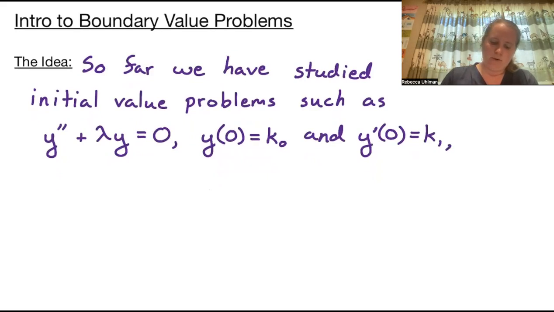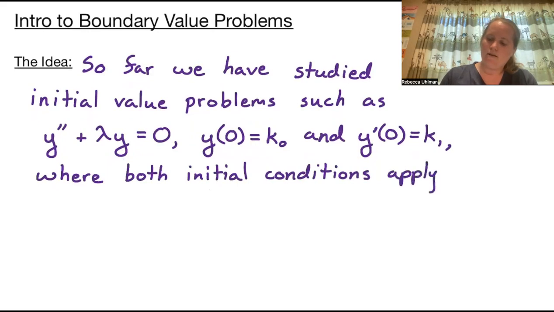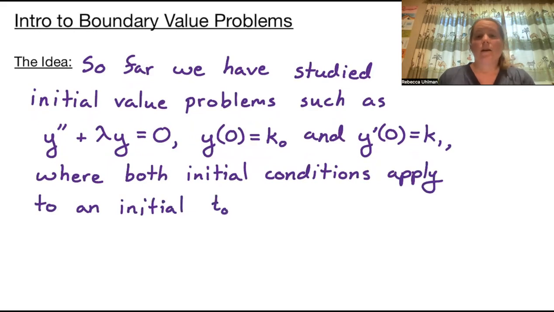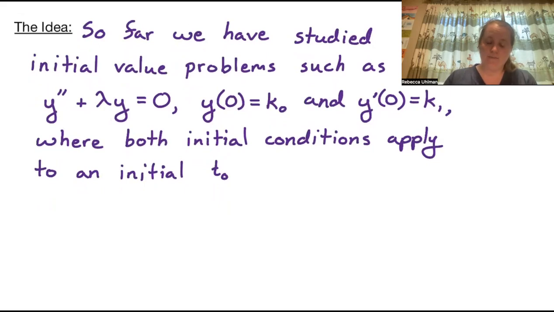So where both initial conditions apply to an initial t naught. Now we're going to look at instead where one condition will apply to a beginning t naught and one condition will apply to an end t1.